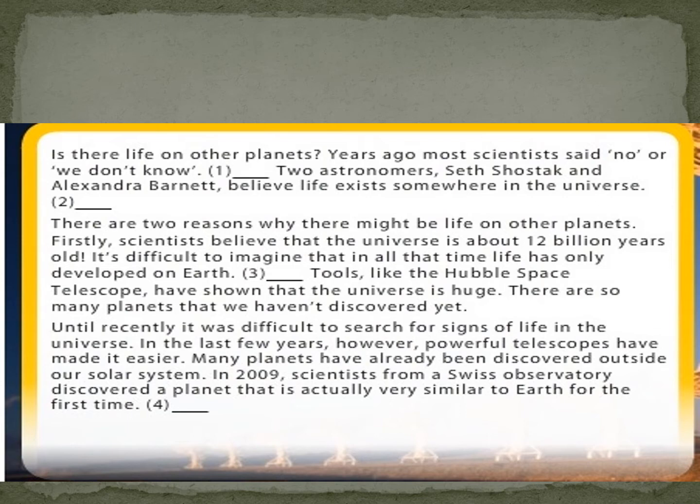D. The second reason. The article mentioned the first reason, which is how old the universe is, and the second reason is the size of the universe. Tools like the Hubble Space Telescope have shown that the universe is huge. There are so many planets that we haven't discovered yet.